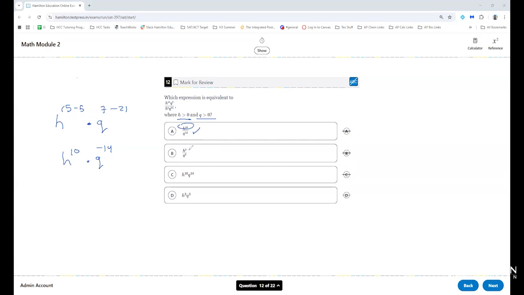This is h to the power of 3, not to the power of 10. This is h to the positive 10 and q to the positive 14, so we want negative 14, so that's incorrect. And then that has h to the 3 q to the 3, that's incorrect. So what does that tell us? Well, that means when q is raised to a negative power, it goes into the denominator, or goes to the opposite side of the division bar. And so that's why the answer was A.